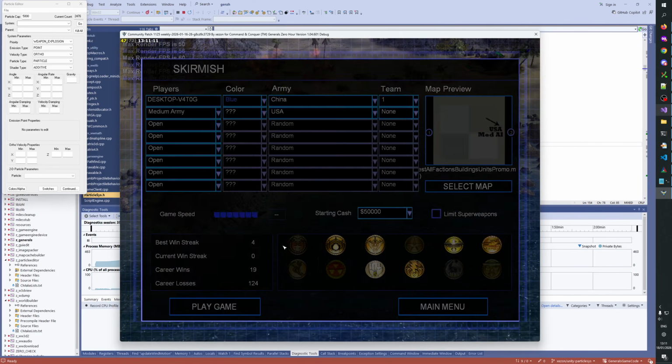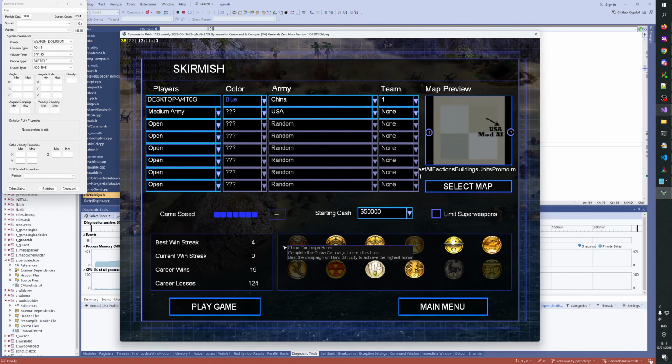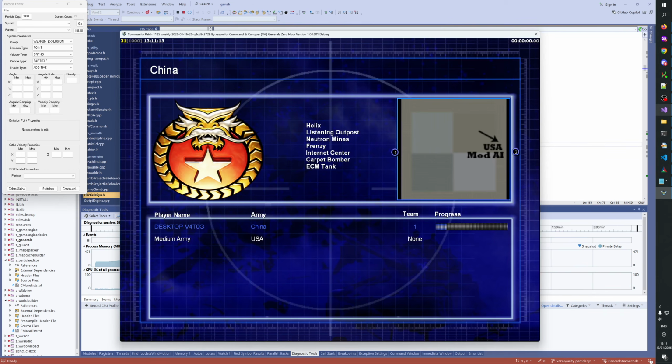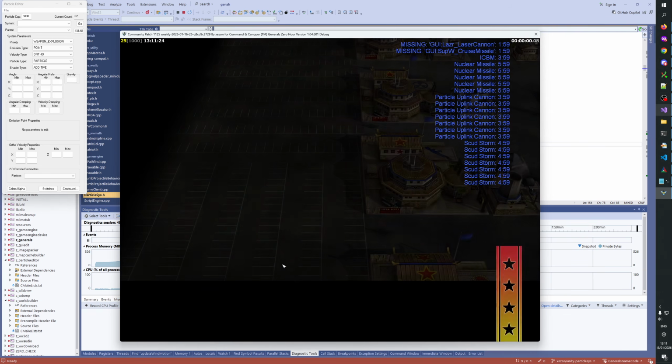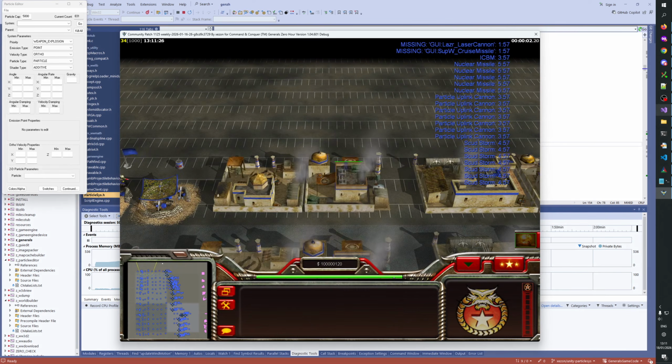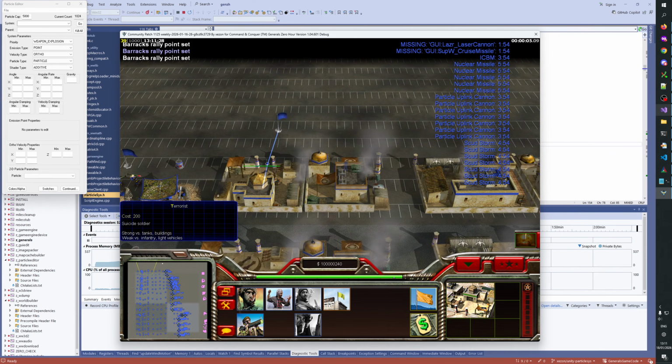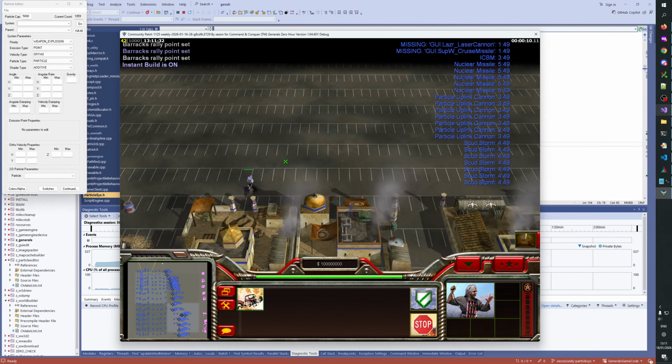Let's go to skirmish. And we go here. So let me show you the particle effect that I'm talking about. So here we have some terror. There they come.